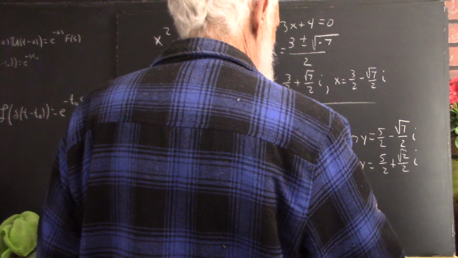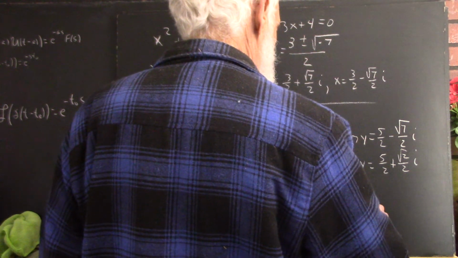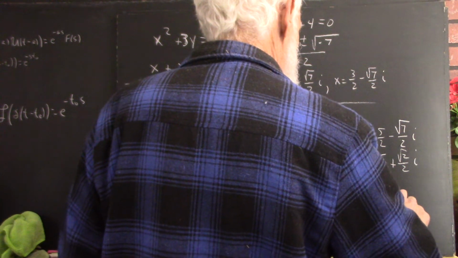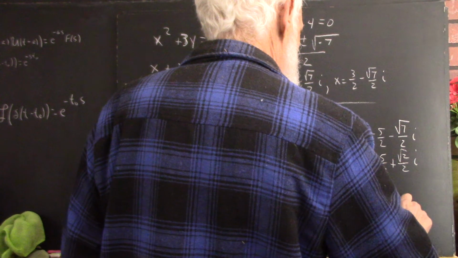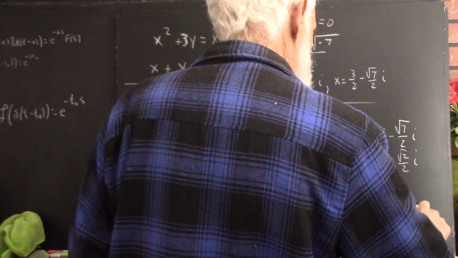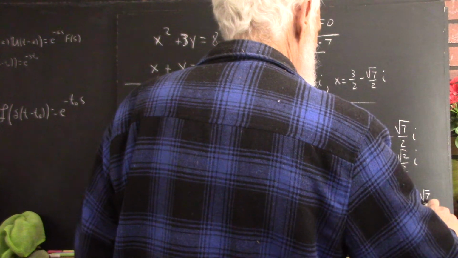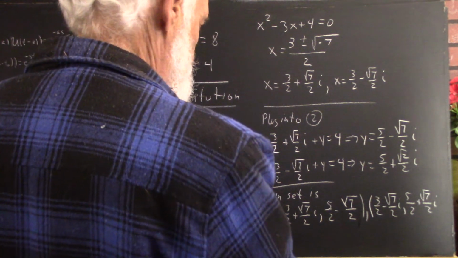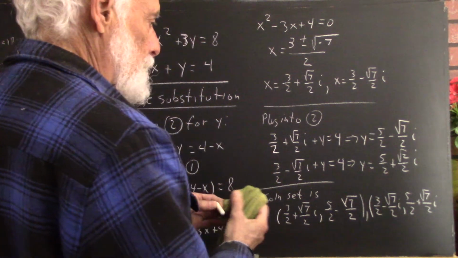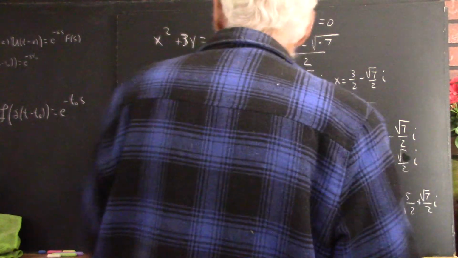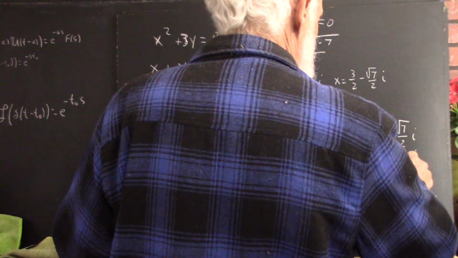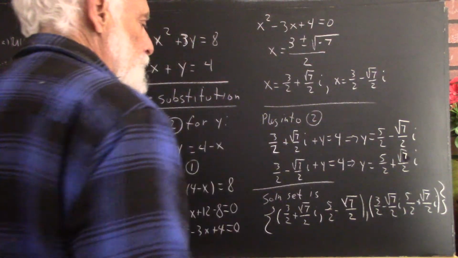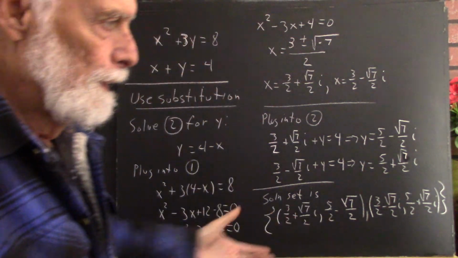I keep writing a square root of 2. And I did it up here too. Let me fix it. We get 7 here. So right there is our solution set for this system.